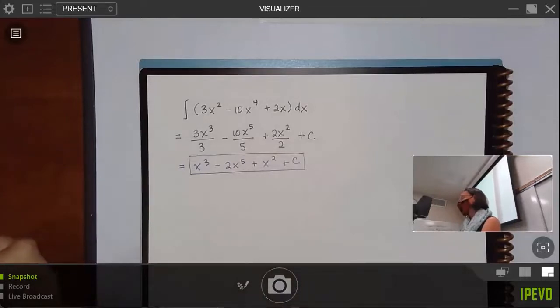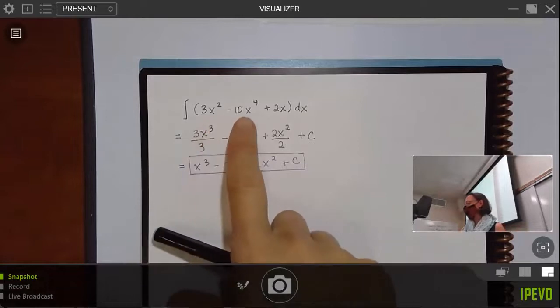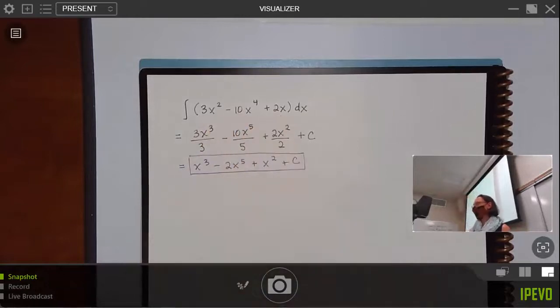What would be wrong if you left it off? You would not have taken into account all possible functions whose derivatives are equal to 3x squared minus 10x to the fourth plus 2x, right?